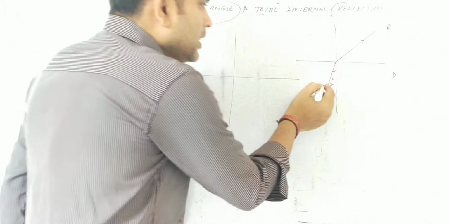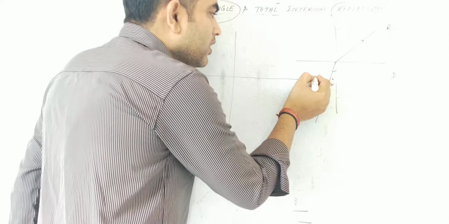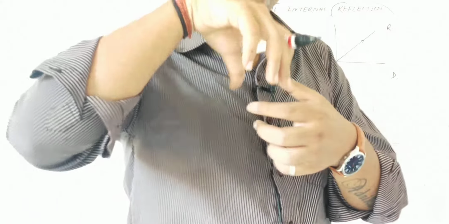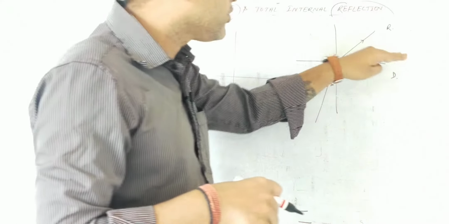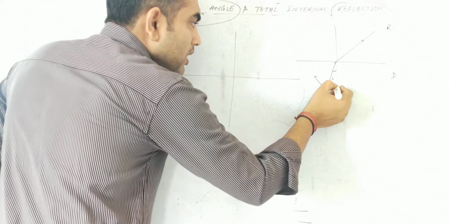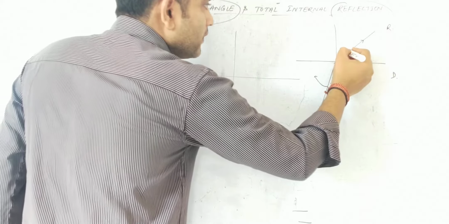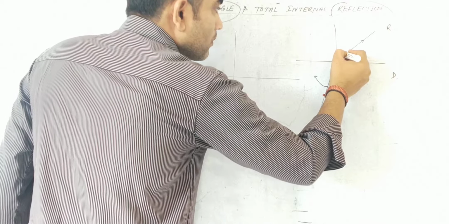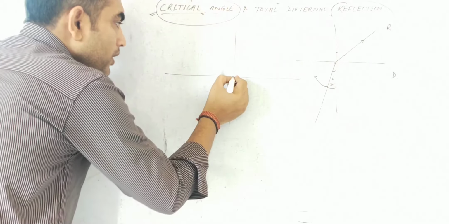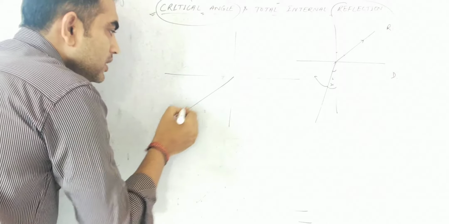That means little by little we are increasing the angle of incidence, and we will study the behavior of the refracted ray in such a condition. Suppose this was the angle of incidence, then the angle of refraction was this one. Understood? This time again we increase the angle of incidence a little bit.